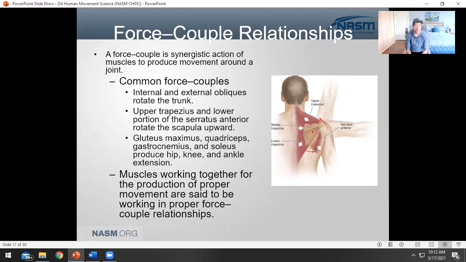Not directly, but by pulling my shoulder blades back and pinching them down and creating stability in the scapula, I'm tightening the entire area. I'm creating stabilization and I'm activating all of the muscles that might be used in this force couple.